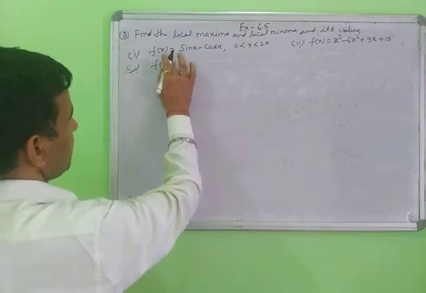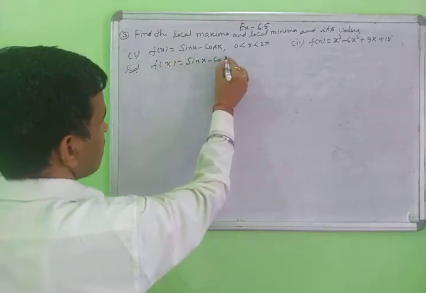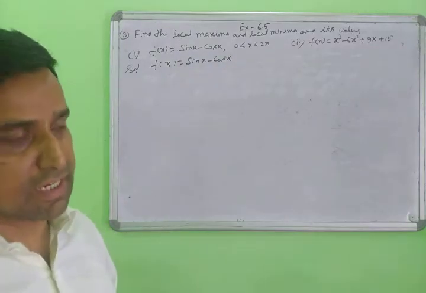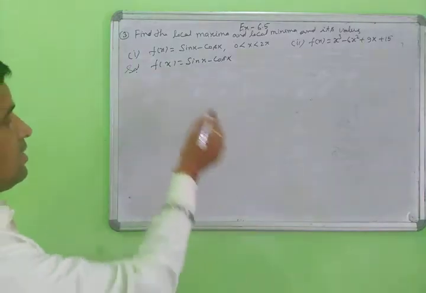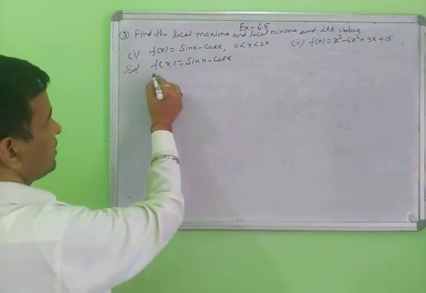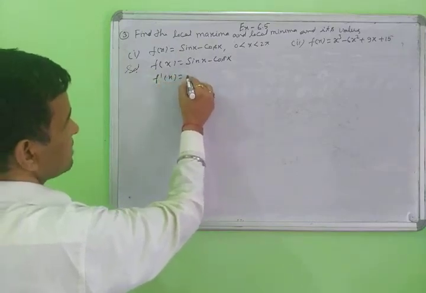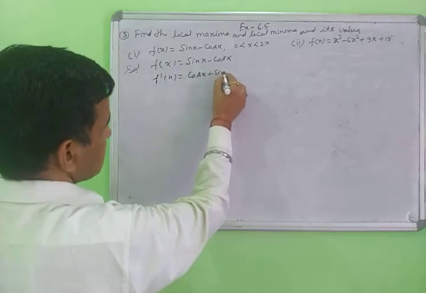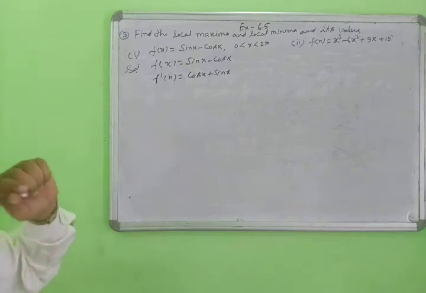The function given is f(x) = sin x - cos x. This question will be solved using second order derivatives, because that trick makes it very easy. First differentiate: f'(x) = cos x + sin x, since the derivative of sin x is cos x and the derivative of cos x is -sin x, and minus minus gives plus.